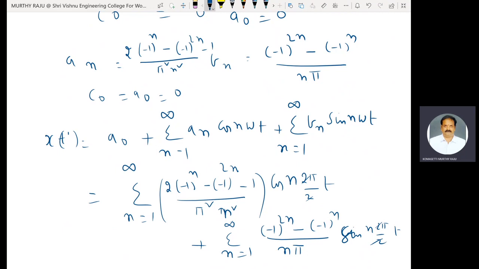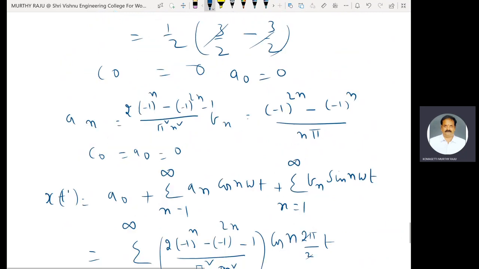This is the final total Fourier series expansion of that periodic signal.